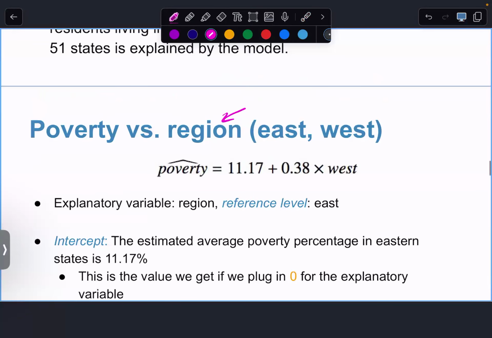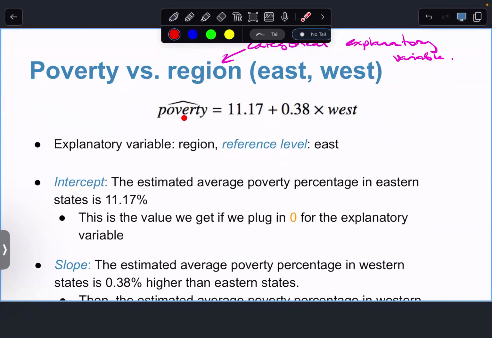Okay, and so what if we wanted to consider a categorical explanatory variable? The response variable has to be numerical in order for us to fit a line to it, or at least use the tools that we've been using. But we said at the beginning, okay, the explanatory variable could be numerical or it could be categorical. And when it's categorical, it would look like this.